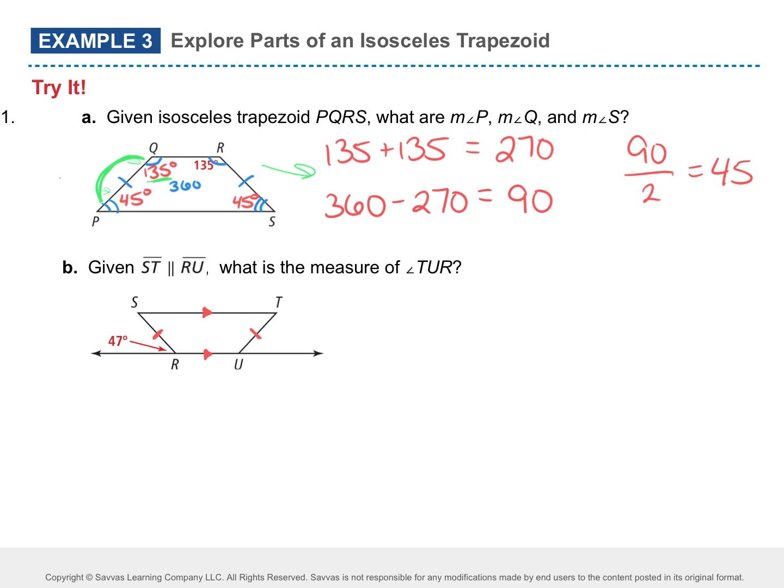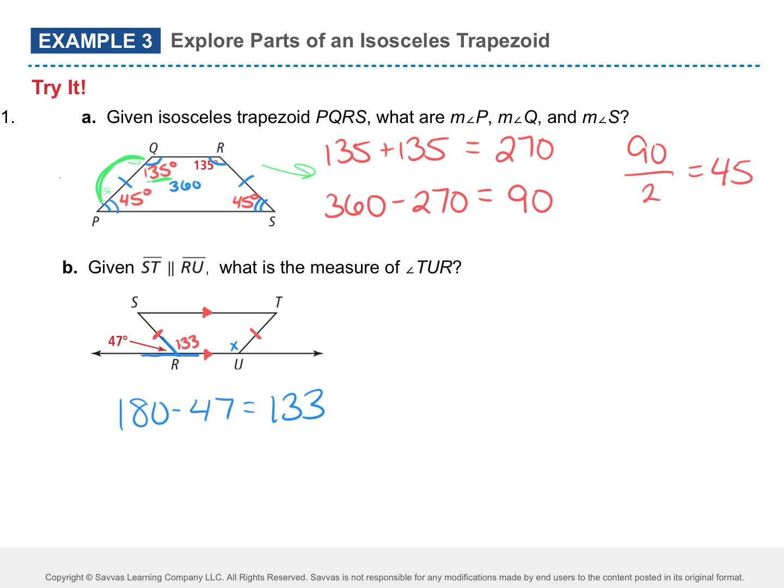How does this 47 degrees help us if we want to find this angle here? Right here, they're on a straight line, so we know they add up to 180, so we can take 180 minus 47, which is 133, so that is this angle right here.